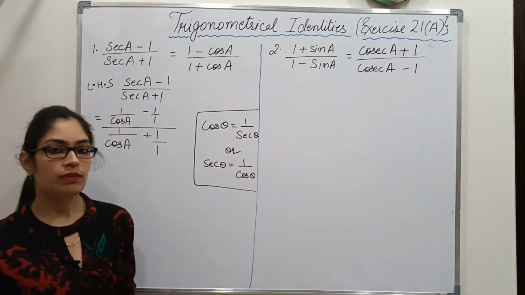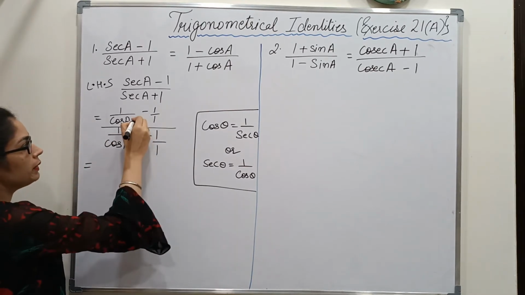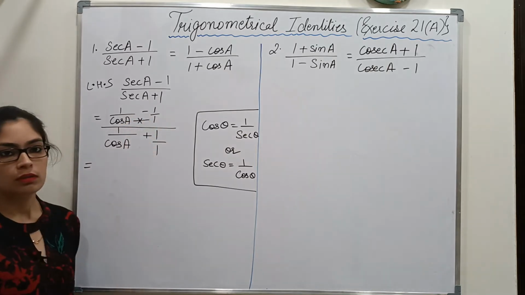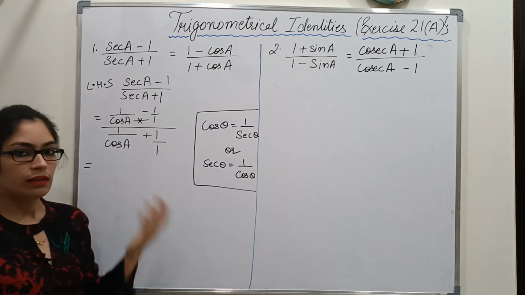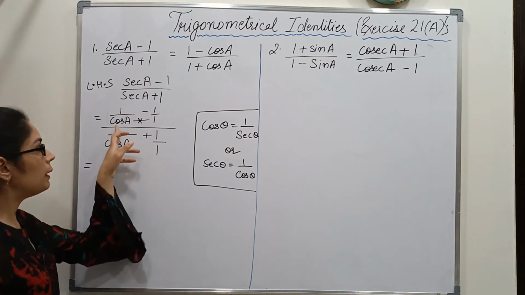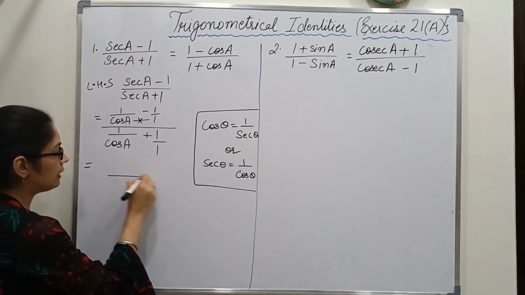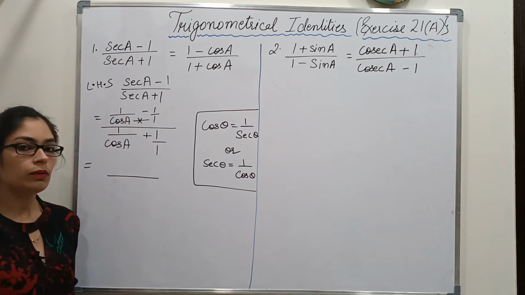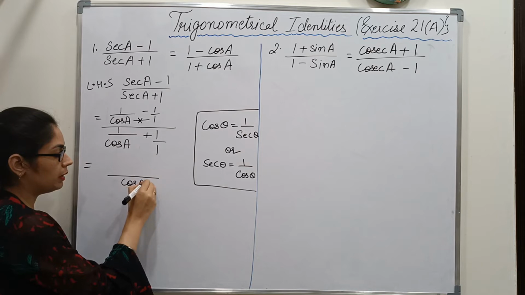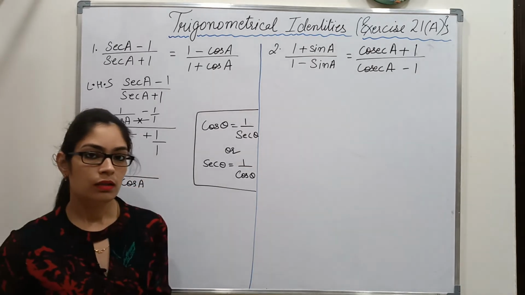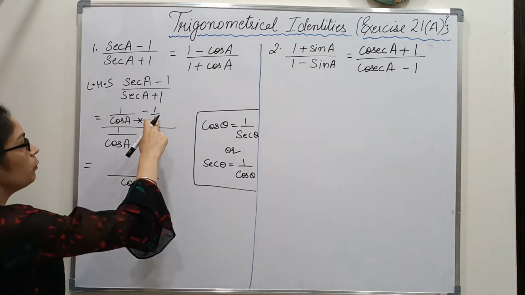In this type of expressions, their LCM will be their multiplication. When you get this type of trigonometrical expressions, their multiplication you have to take as LCM. So cos A into 1 will be cos A, as if we multiply any number with 1, the same answer we will get.